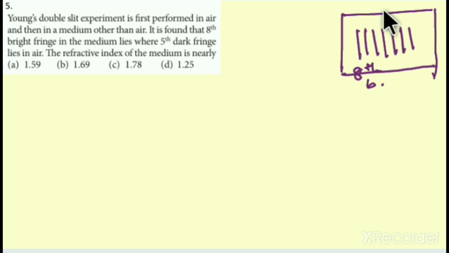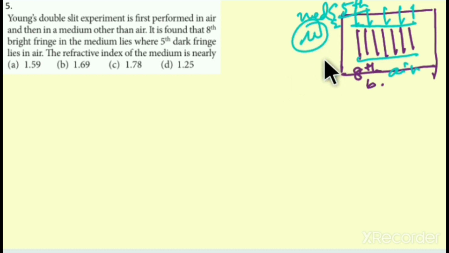Suppose this is the 8th bright fringe, and in the same place the dark fringe in the other medium is created, and this is the 5th dark fringe. So in the same area where 8 bright fringes are created in air, 5 dark fringes are created in the medium. We have to find the refractive index of that medium.